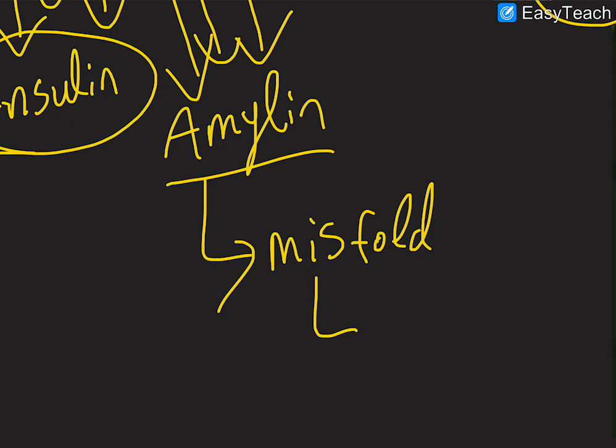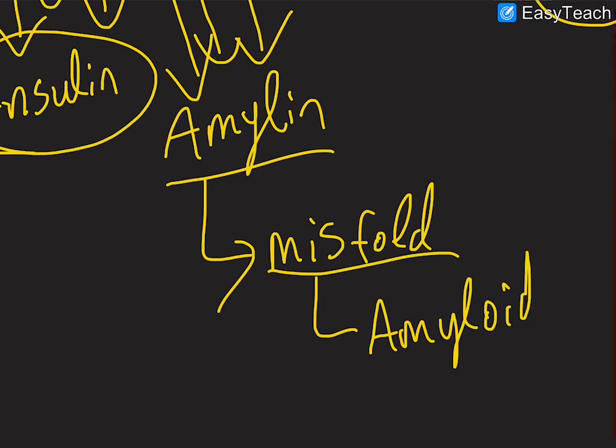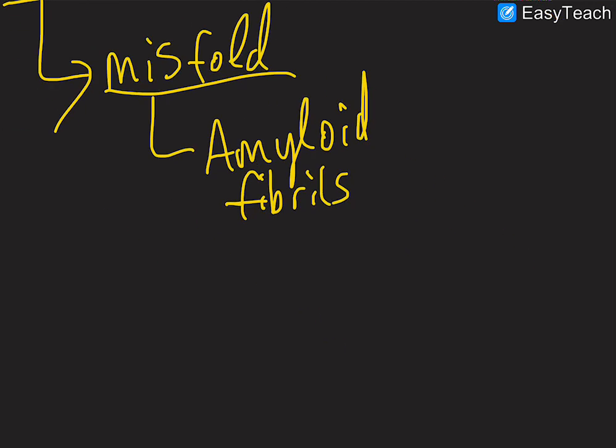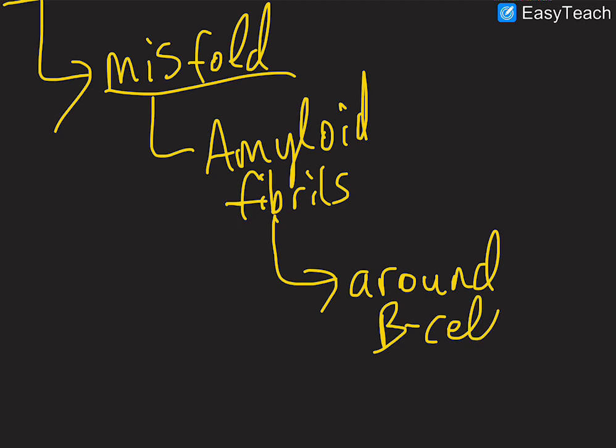So you're going to have misfolded amylin proteins that can deposit as amyloid fibrils. All right. Now, where would these amyloid fibrils deposit? Around the beta cells of the pancreas.